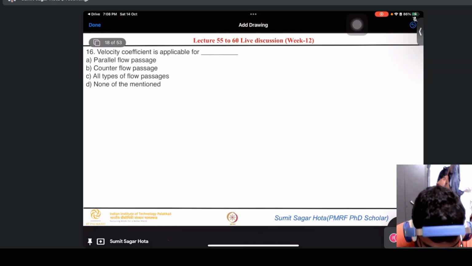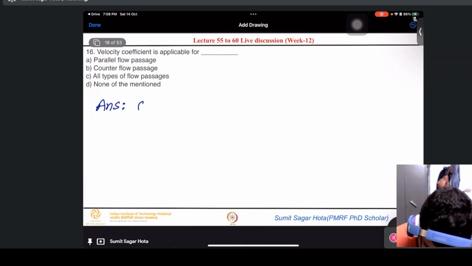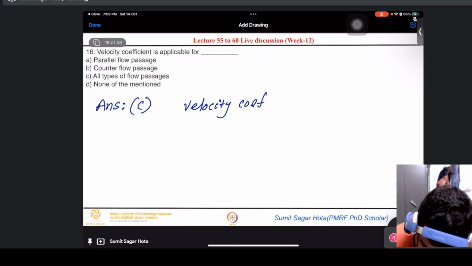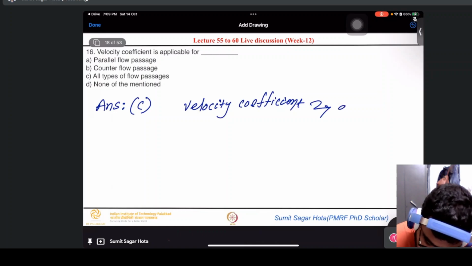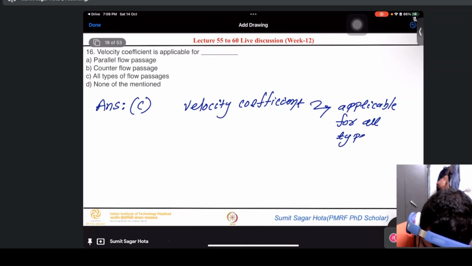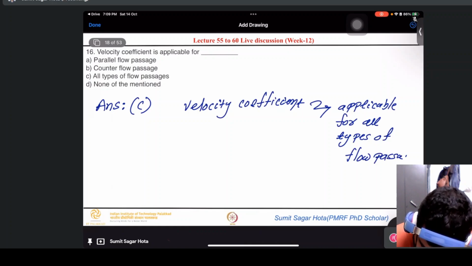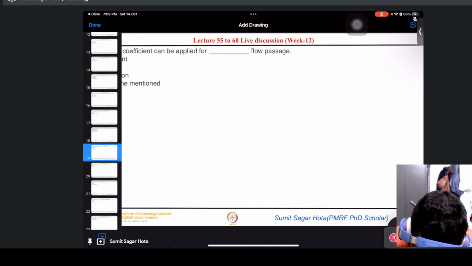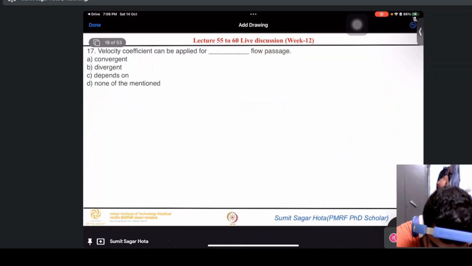Okay, that means it is applicable to all types of flow. The velocity coefficient can be applied for dash flow passage.